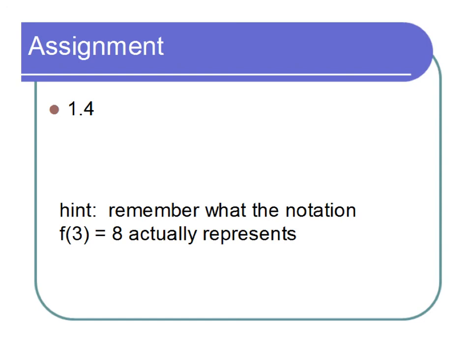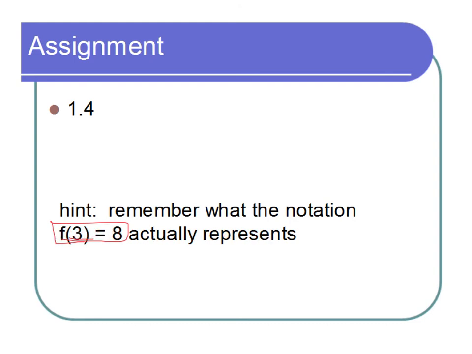All right, so your homework tonight is going to be 1.4, but I wanted to throw one more thing at you that's on your homework. They have a problem that they want you to do something with, and they tell you f of 3 is equal to 8. Or that's not that, but they have something like that. You need to remember what that represents. That's that function notation.